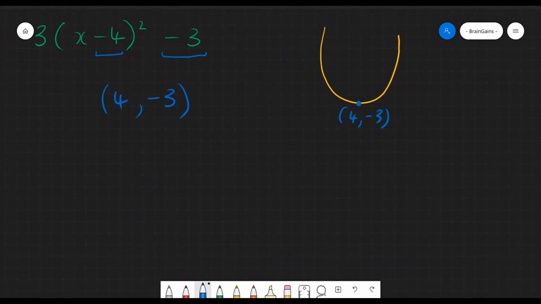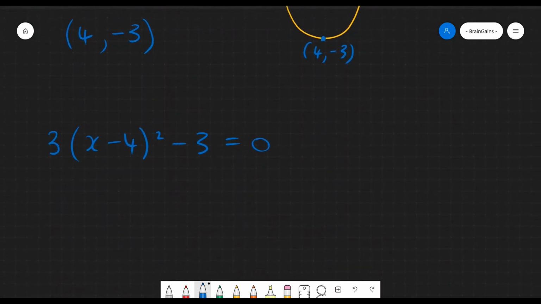Another use of completing the square, if this was in the form of an equation, is you would be able to find your values of x. So, for example, if we made this equation equal to 0, we would get 3(x minus 4) squared minus 3 equals 0.